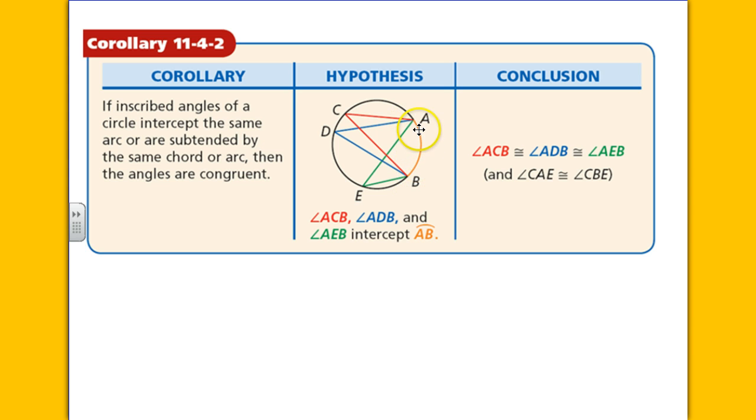Arc AB could be created by infinite, it's kind of hard to imagine, but infinite inscribed angles. So we have an inscribed angle ACB, we have ADB, and we have AEB, but by definition, all of them will be congruent, because they all are subtended by this arc. Kind of an interesting congruency relationship there.